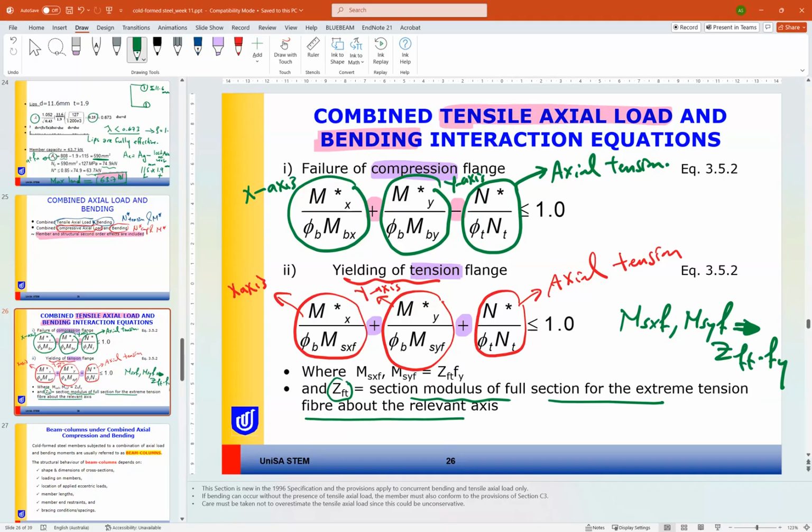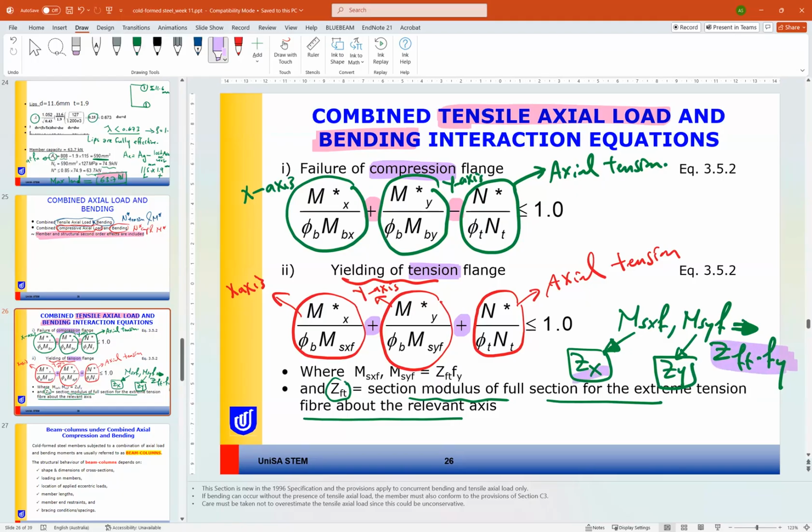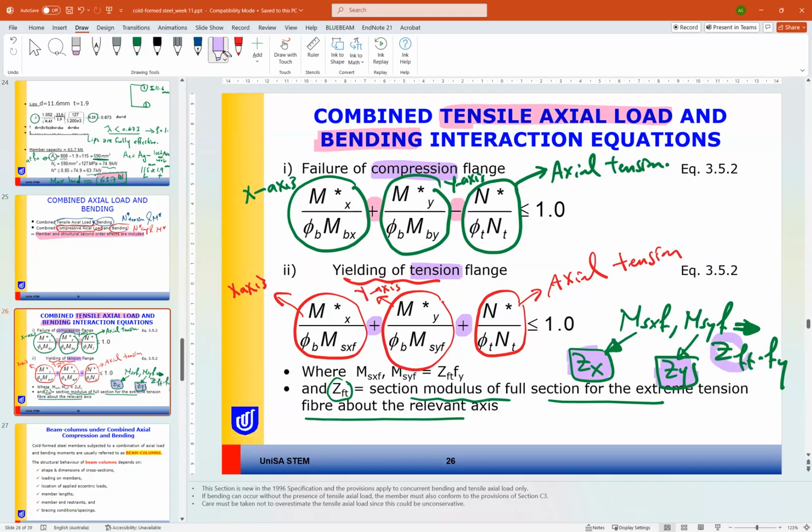So if you are calculating MSX, this will be ZX from the table. For this one we are using ZY from the table. So ZFT is ZX or ZY based on the x axis or y axis.